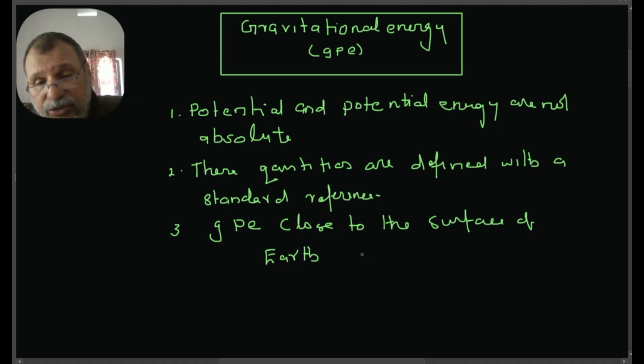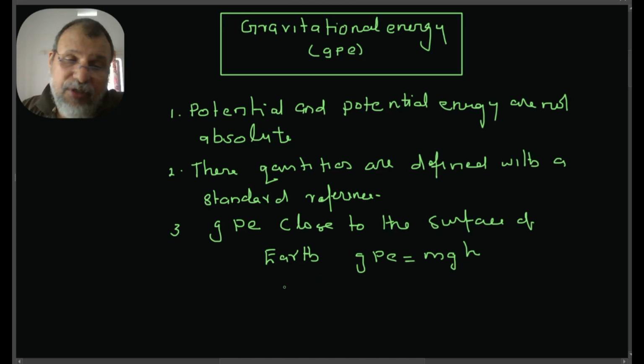It's given by GPE equals mgh. In this expression, h is the height from the surface of the Earth. So in this case, the reference point is the surface of Earth.